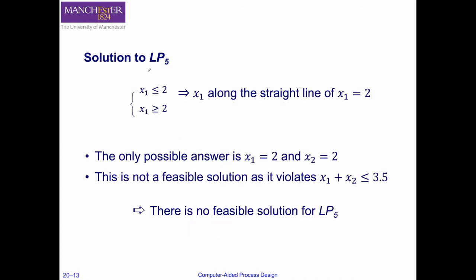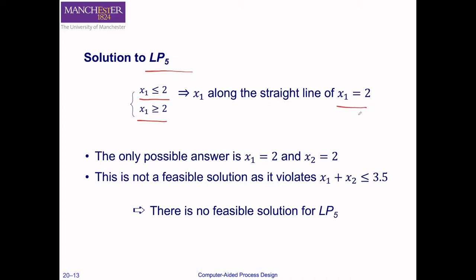We can also solve LP5. However, there is no feasible solution to this LP5. This is because in LP5, we have the constraint x1 is less than or equal to 2, and also the constraint x1 is greater than or equal to 2. That means x1 can only take value 2.